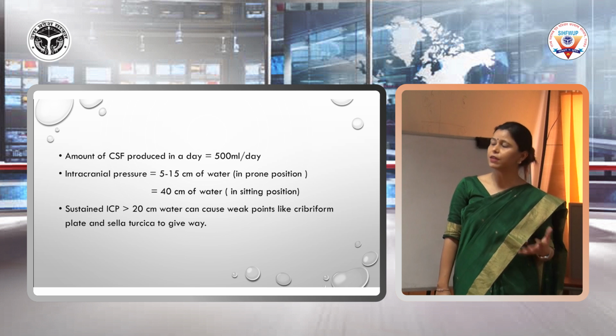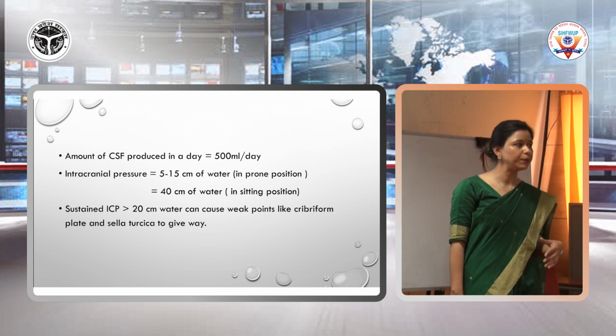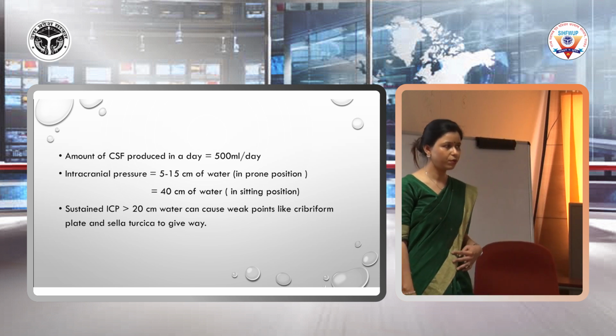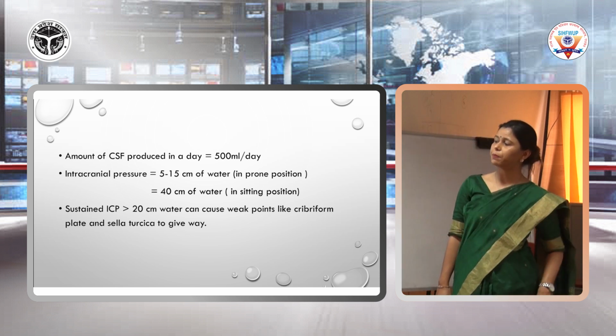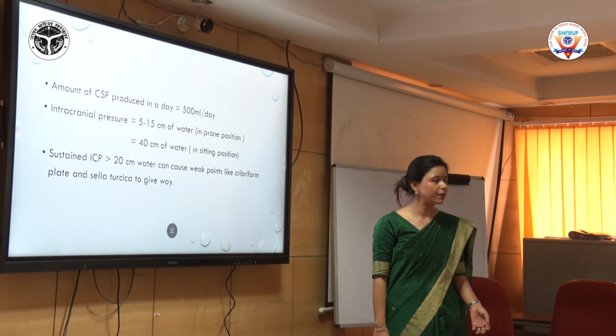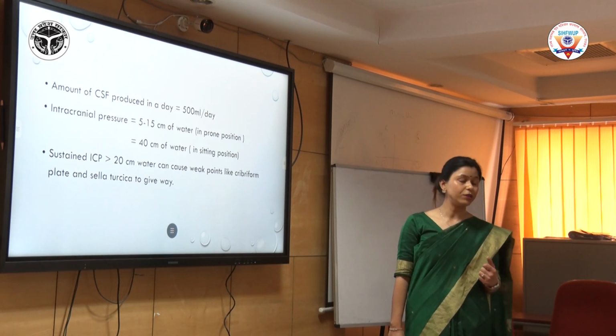So if there is an increase of this intracranial tension to more than 20 centimeters, then it has implications for CSF rhinorrhea also. Sustained intracranial pressure of more than 20 centimeters of water can cause weak points. There can be local erosions because of the sustained pressure.